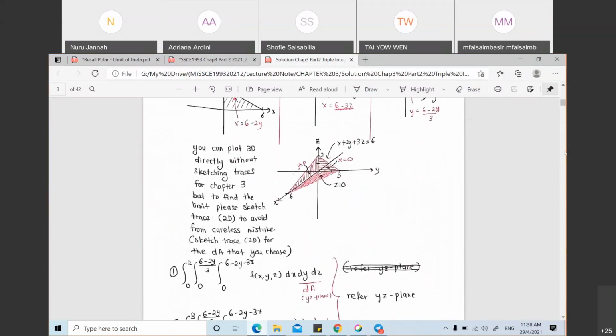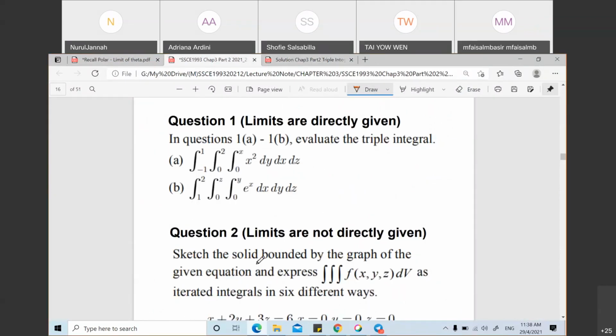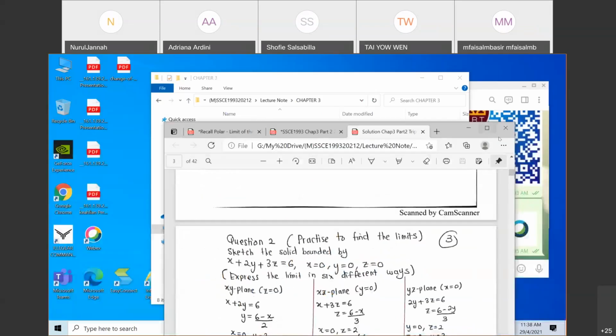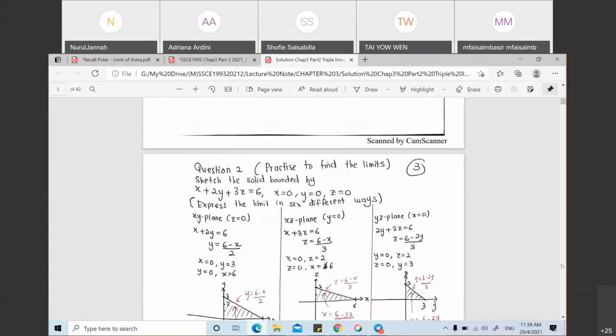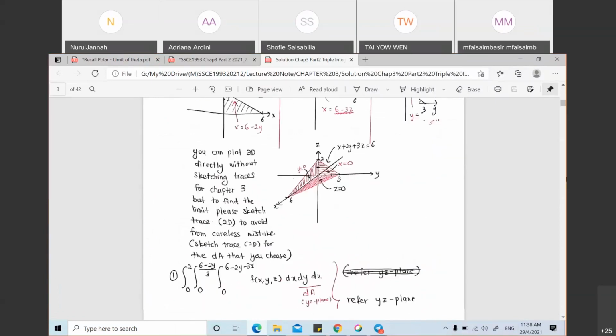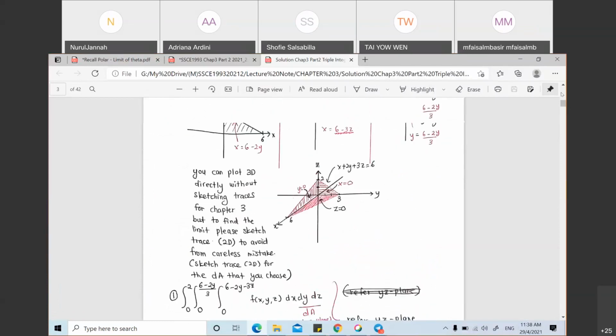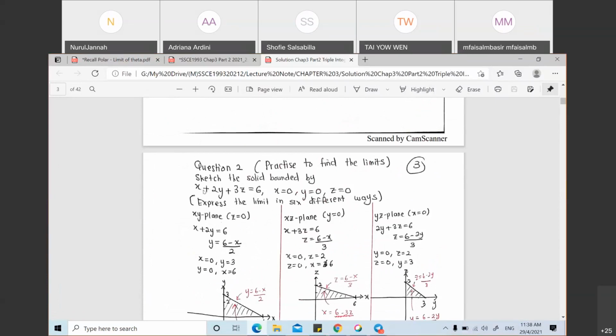Okay, this is the challenging part. The second one, they ask you to sketch and then just write in 6 different ways. No need to integrate. So we have to see whether the solution is wrong or right. Okay, first you draw. I think you can draw everything. This is very easy to draw.